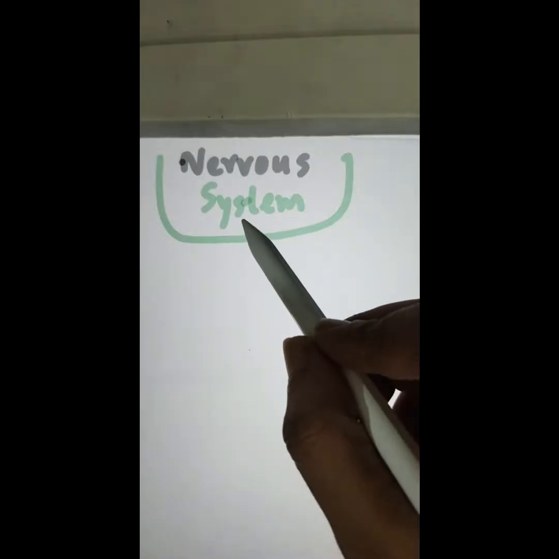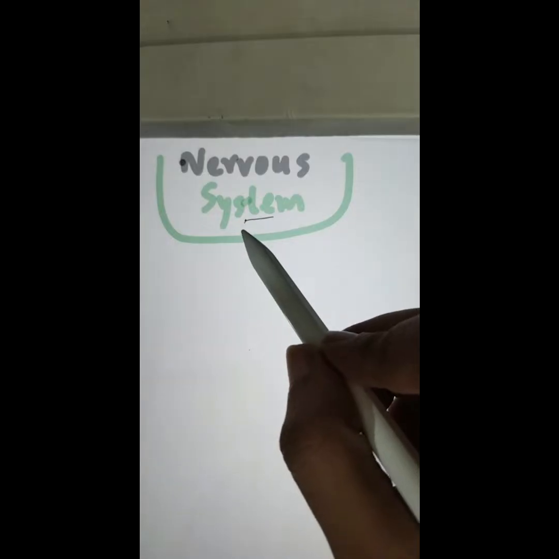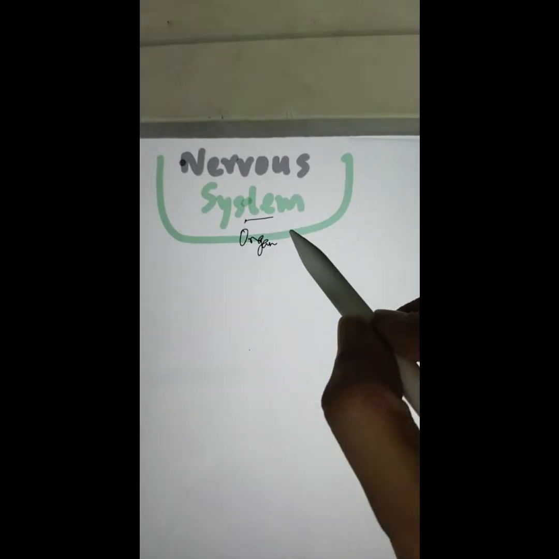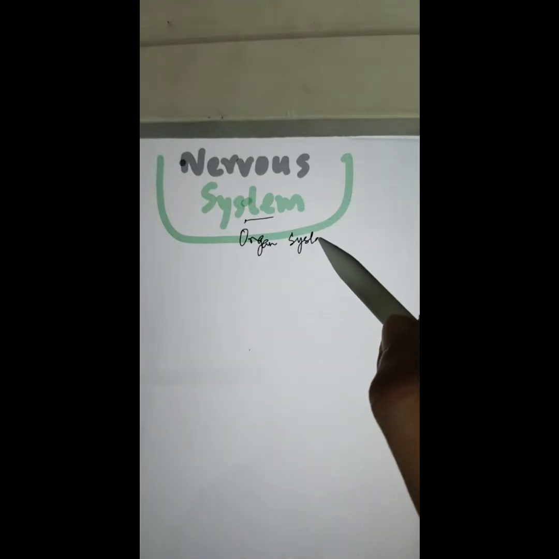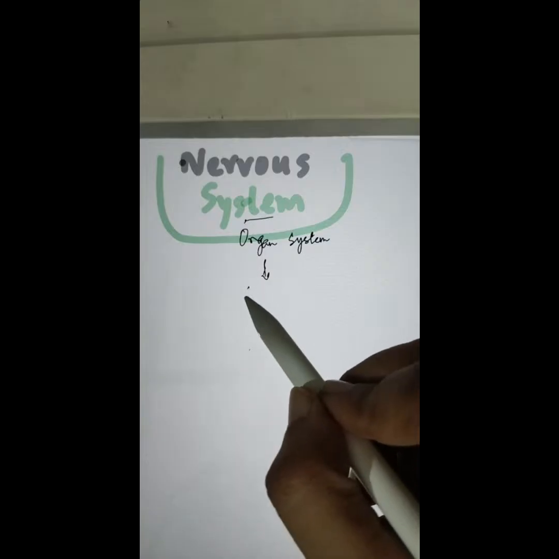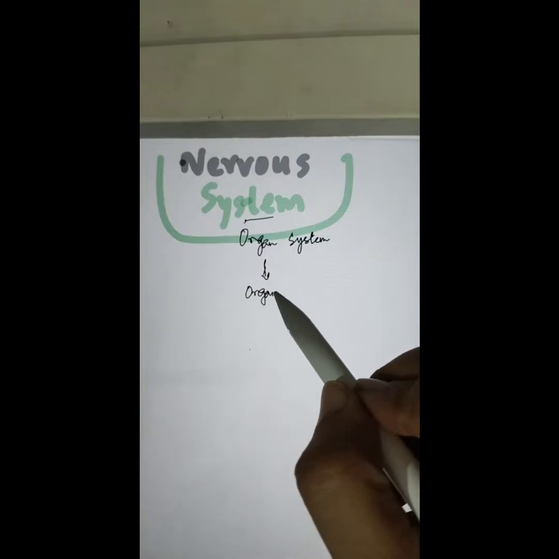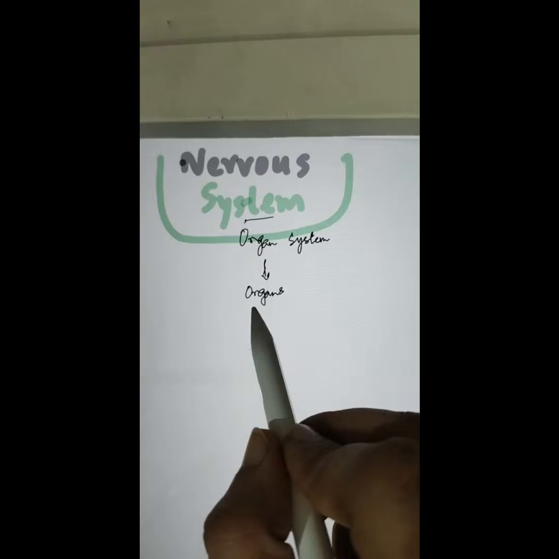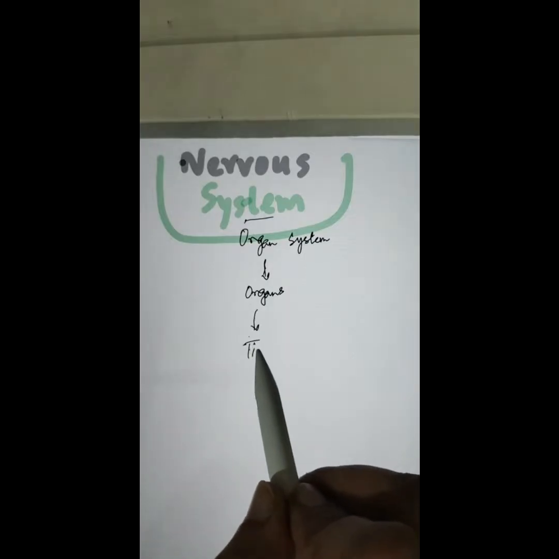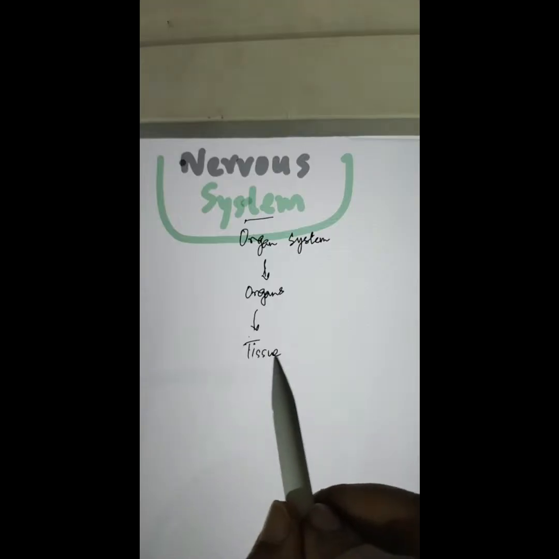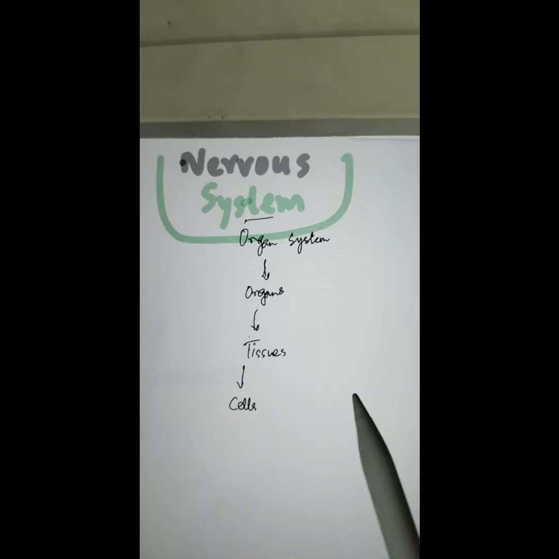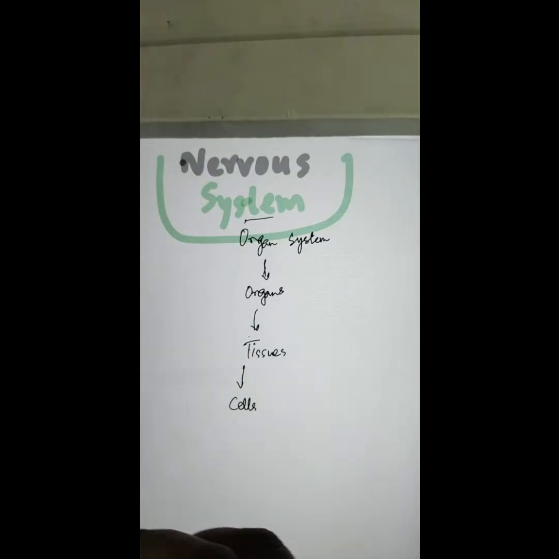As you can see, the word system is mentioned, that means the nervous system is an example of an organ system. And we know that an organ system is made by the combination of organs, and organs are made by the collection of tissues, and tissues are made up by the aggregation of cells.